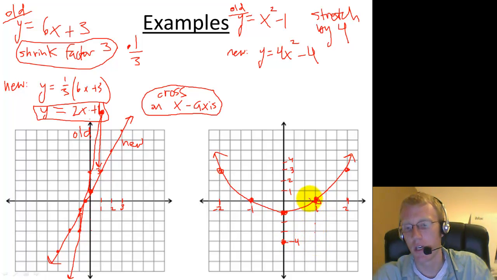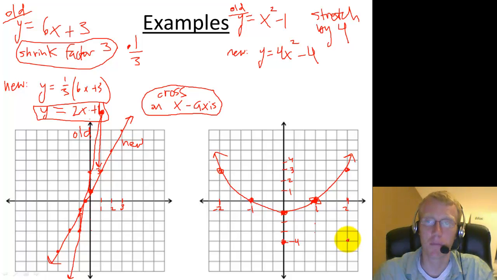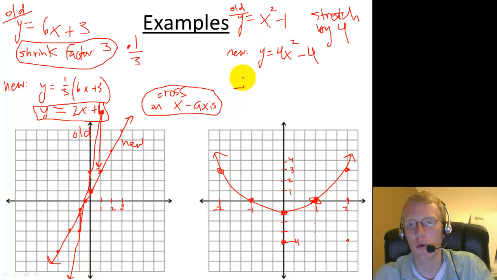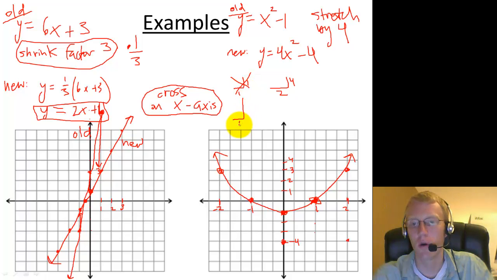So this point actually got used again. Then we're going to go over 2. We normally would have gone up 4, right? Let me draw these in. You would normally go over 1, up 1. And you would normally go over 2, up 4. But because we're stretching it by a factor of 4, we're not going to do that. We're going to go over 1, up 4, because it's 4 times higher.